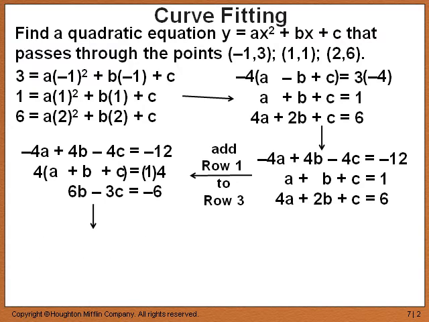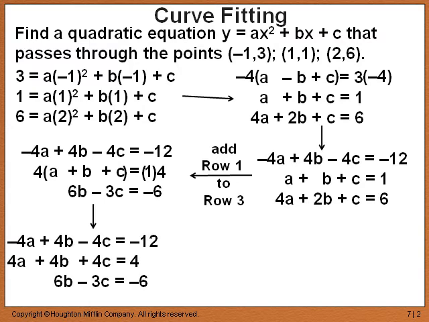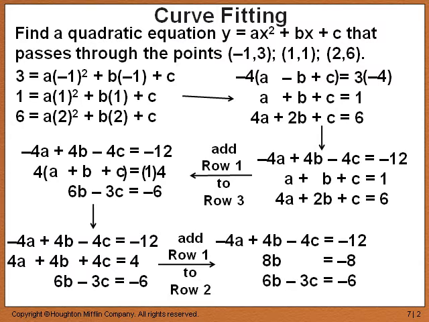Okay, now we multiply the second row by 4, and we end up with -4a plus 4b minus 4c equals -12, 4a plus 4b plus 4c equals 4, 6b minus 3c equals -6. Next we add row 1 to row 2 because we want to eliminate that a term from row 2.